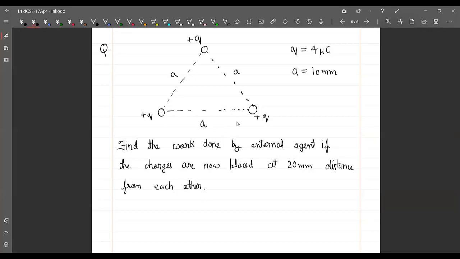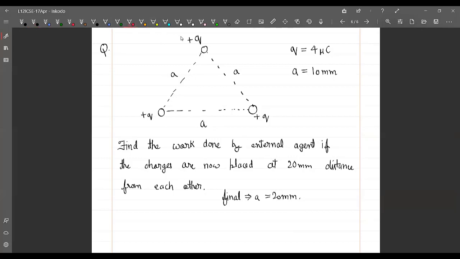This means earlier the A was 10 millimeter. Now, later, the value of A is 20 millimeter. So basically, you are getting the triangle bigger.